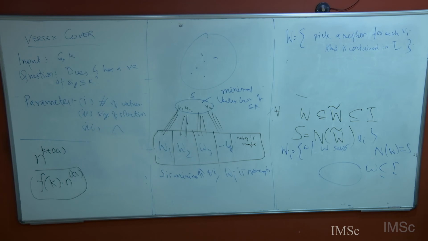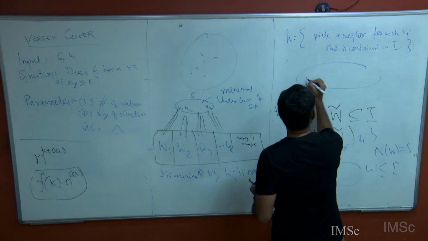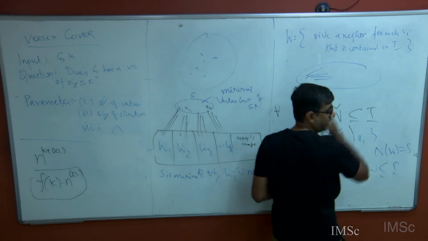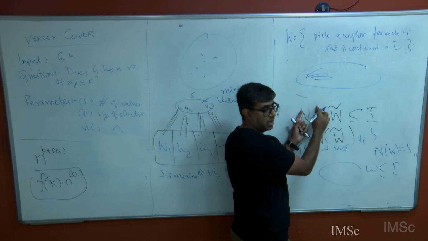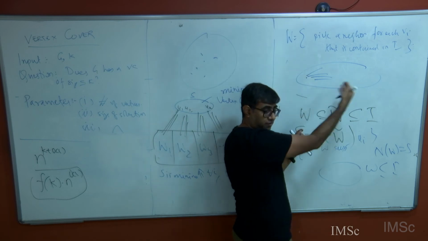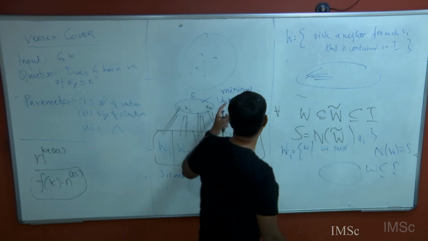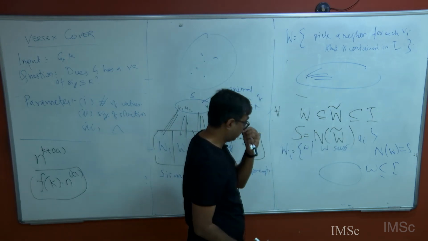If it covers some edge, it means it has some neighbor which is in I, right? Because if all its neighbors are in S itself, then this vertex is useless, right? I could have moved it down. You understand my point? Imagine that you had some vertex in S which was adjacent only to vertices in S, and it has no neighbor in I. Then if you move it down, it is still a vertex cover. So it's not a minimal vertex cover. Okay, that's all that I'm saying.